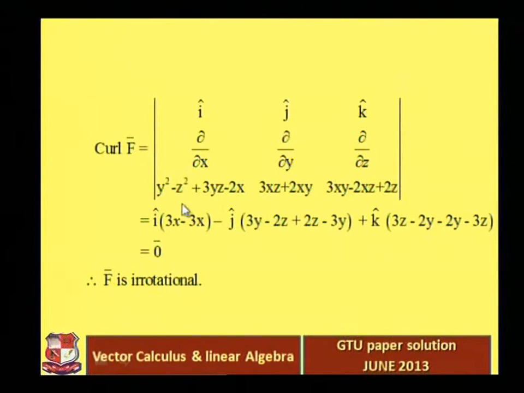So minus 3z minus 2y minus 3z, and this whole term becomes 0. That's why the curl of f is also 0, so f is irrotational. So we proved that f is solenoidal and f is irrotational, using that divergence of f is equal to 0 and curl of f is also 0.